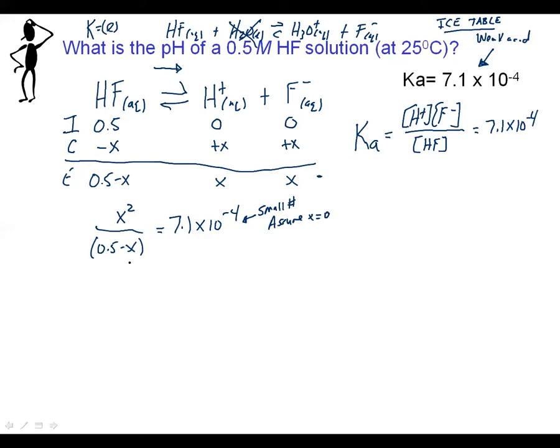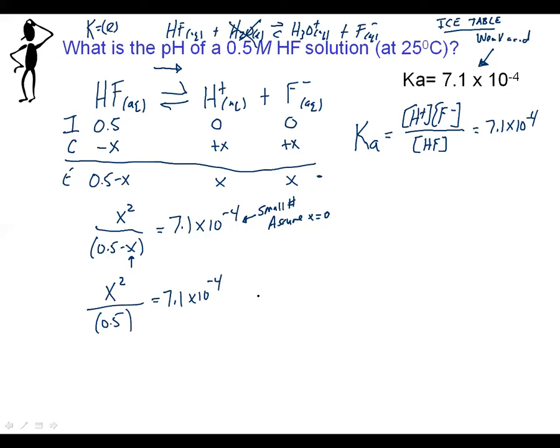And again, when you do that, it is only the x's that you're subtracting from something or adding to something. So that would get us x squared on top over 0.5 equals 7.1 times 10 to the minus 4. We're going to multiply the 0.5 to the other side, and most importantly as well, make sure you take the square root of it.